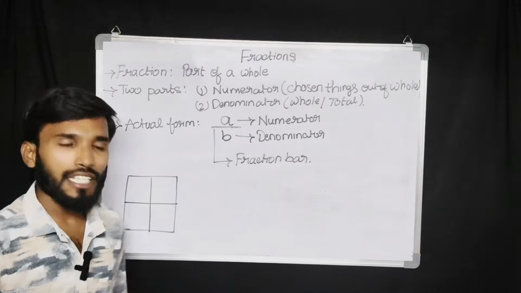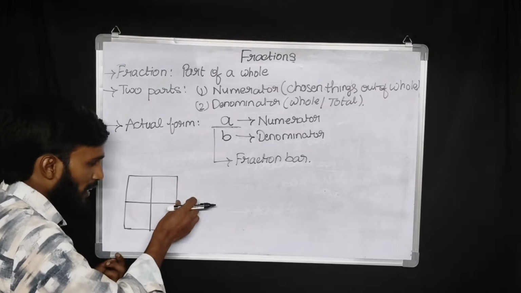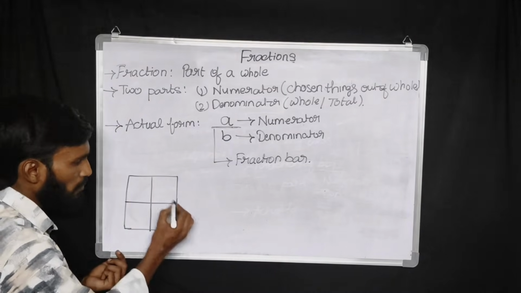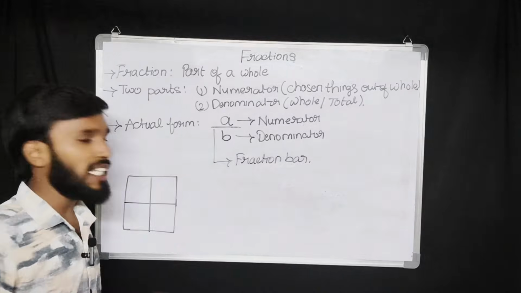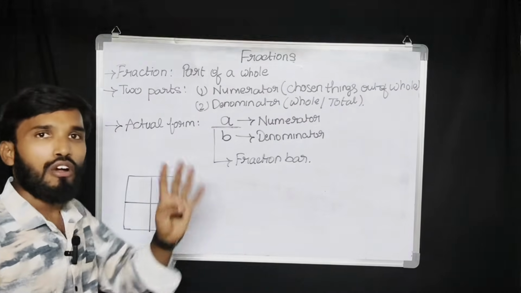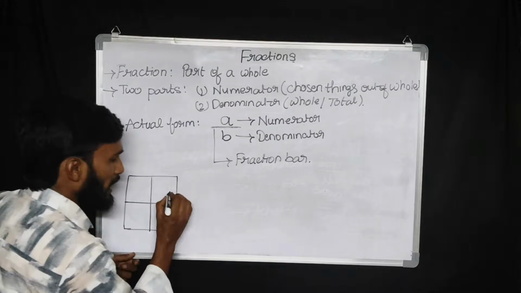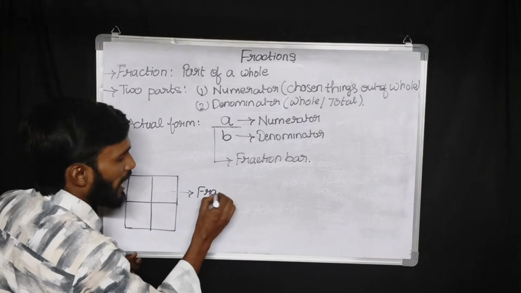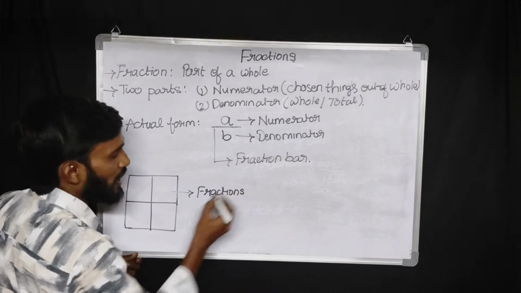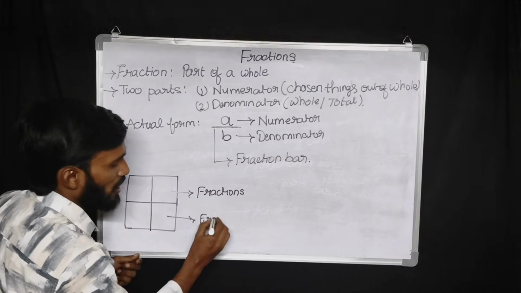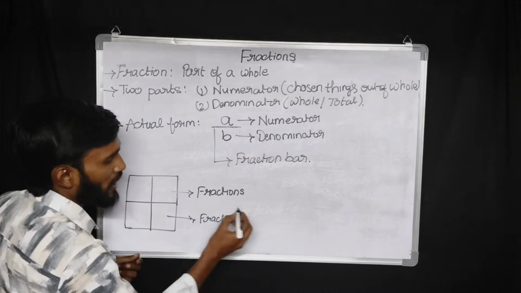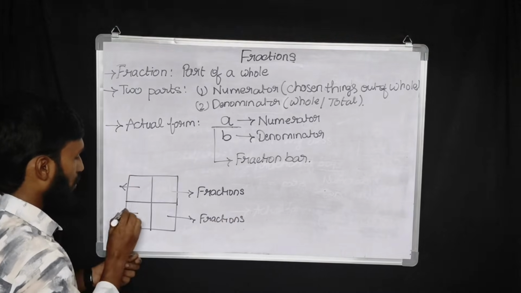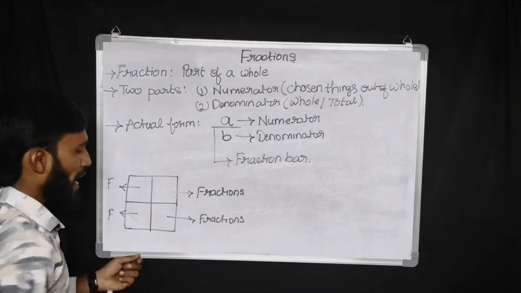So this entire square is one whole, and I divided this square into four equal parts, and each part is called a fraction. This is also a fraction and this is also a fraction.